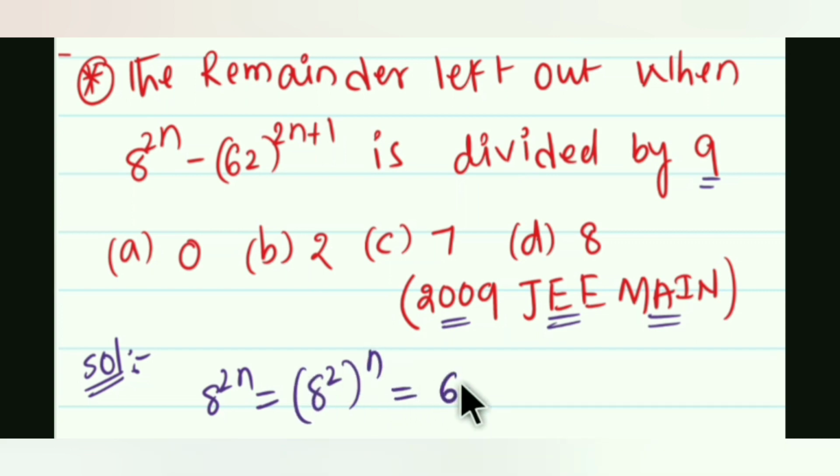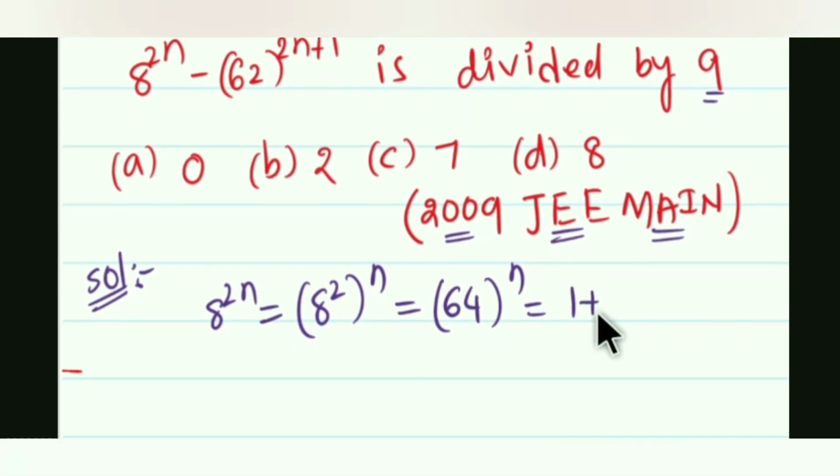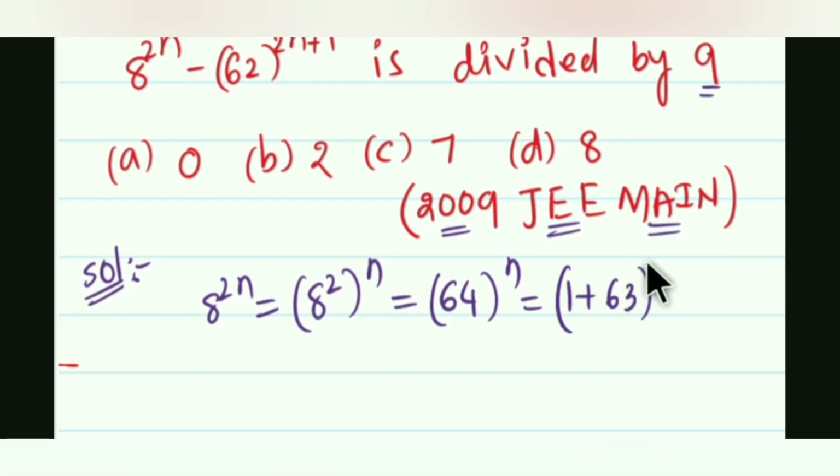It will be written as 64 to the power n, which is 1 plus 63 to the power n. According to our shortcut, we can write it as 1 plus 63 into integer k1, or else we can take integer I1.